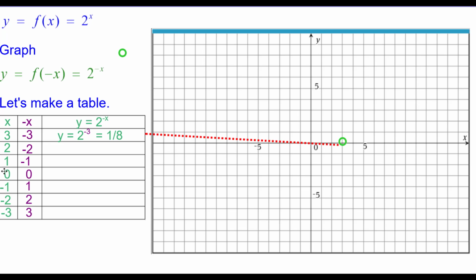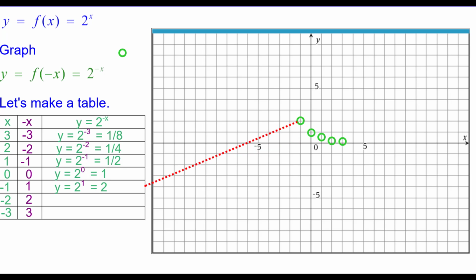So 3 comma 1/8 is plotted first, x, y. When x is 2, y is equal to 2 to the opposite of that 2, which is negative 2. And that's 1 over 2 squared, which is a fourth, 2 comma a fourth. x is 1, the opposite's negative 1. y is equal to 2 to the negative 1 power, which is the reciprocal of 2, 1/2, 1 comma a half. 0, the opposite of 0 is 0. 2 to the 0 is 1, so 0, 1.